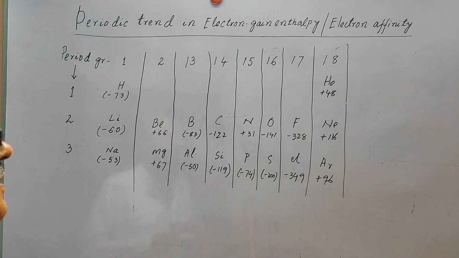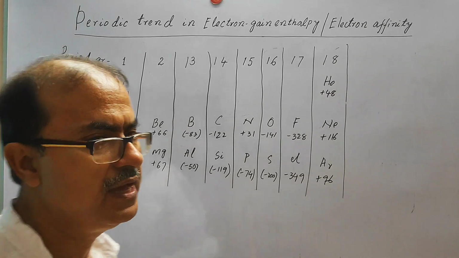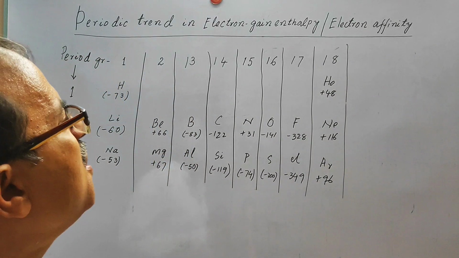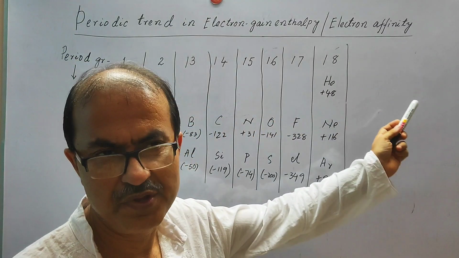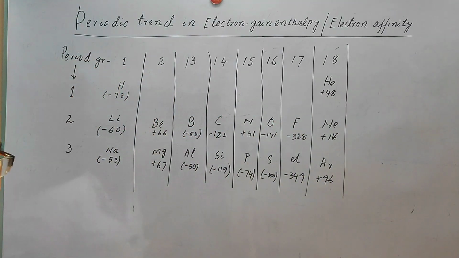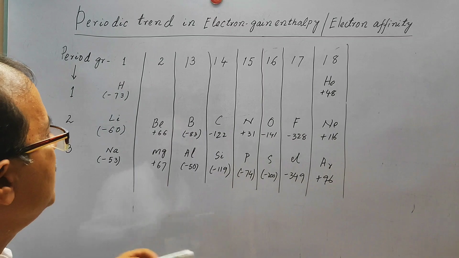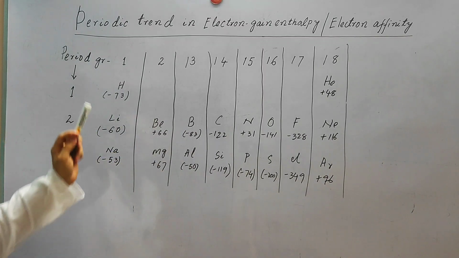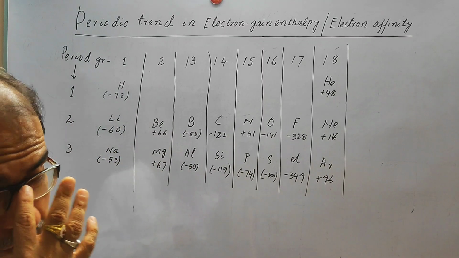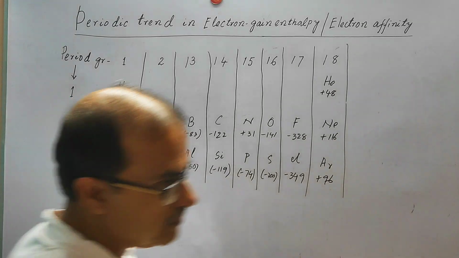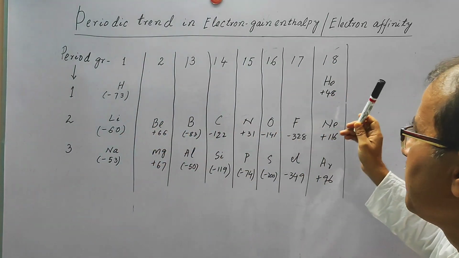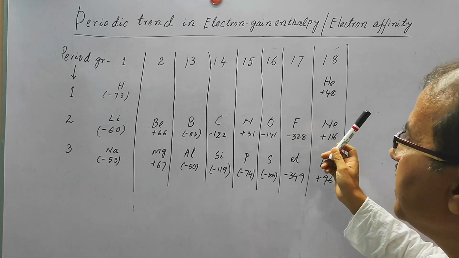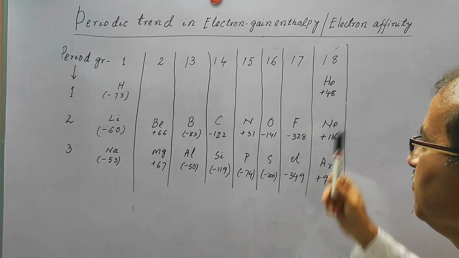Now we are going to understand the trend of the electron gain enthalpy of the elements across the period and down the group. You can see some elements given with their electron gain enthalpy. Hydrogen is given as -73, that is negative electron gain enthalpy, whereas helium is positive, 48.